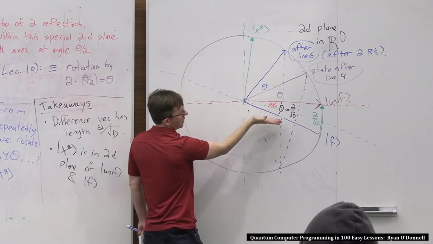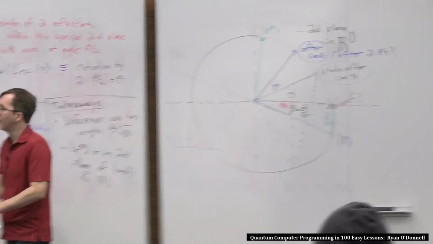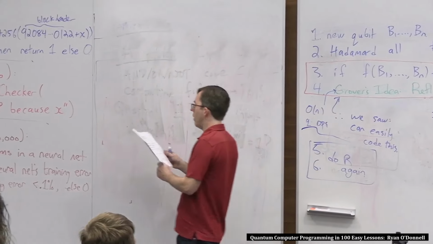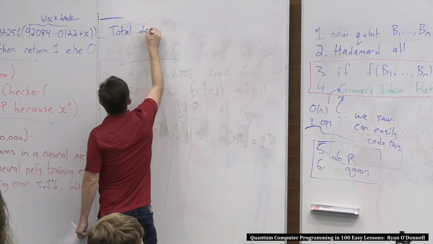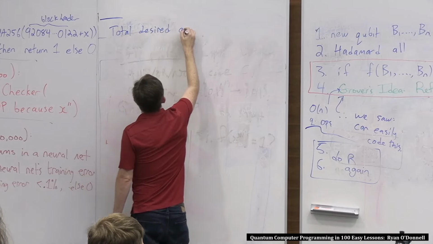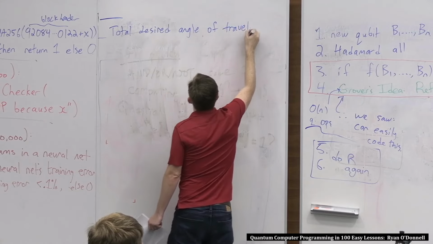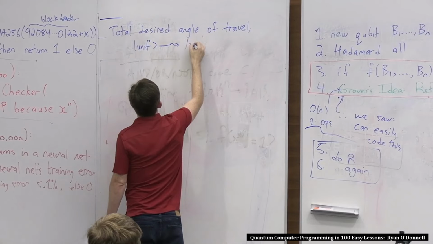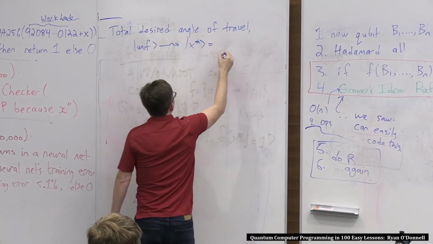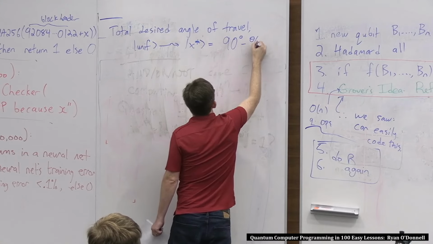But you see, the uniform is a little bit closer to it by theta over 2. So the total desired angle of travel, if you will, from uniform to ket x star is 90 degrees minus theta over 2.